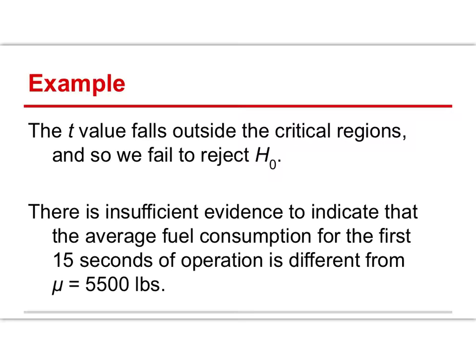Again, we always put this back into a statement of what the problem was, and we say that there is insufficient evidence. There is not enough evidence to indicate that the average fuel consumption from the first 15 seconds of operation is something other than 5,500 pounds. If it is, we don't have convincing evidence of it at this point.